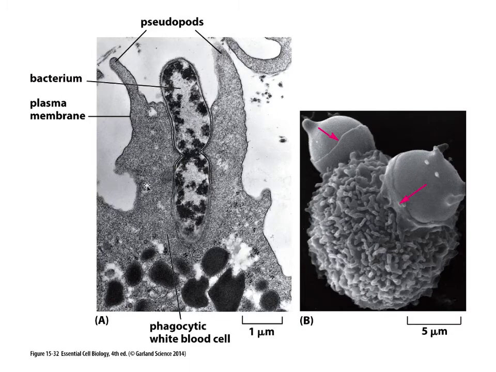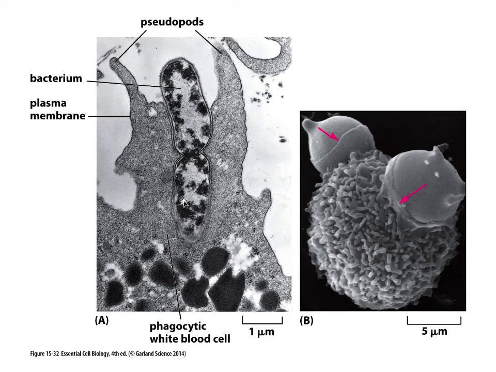So here we have a macrophage, which is a white blood cell, and it's engulfing this dividing bacterium that is found in the bloodstream. What happens is that there are receptors on the surface of the white blood cell.